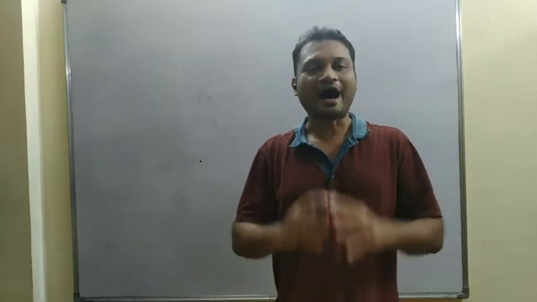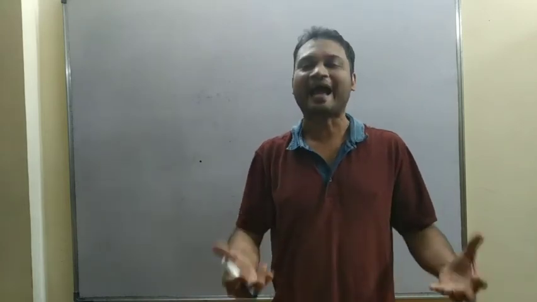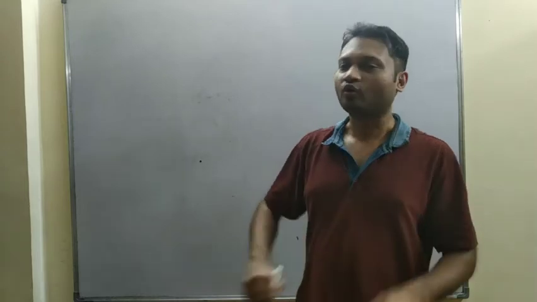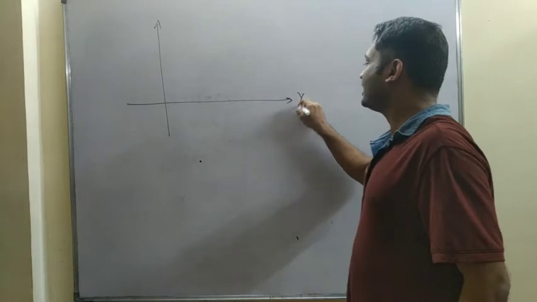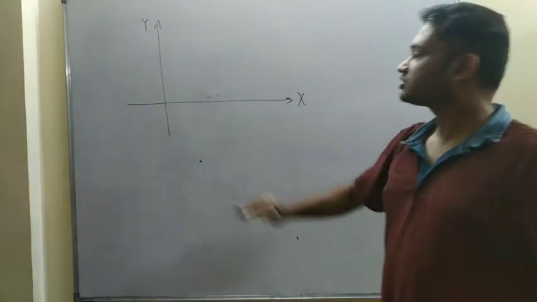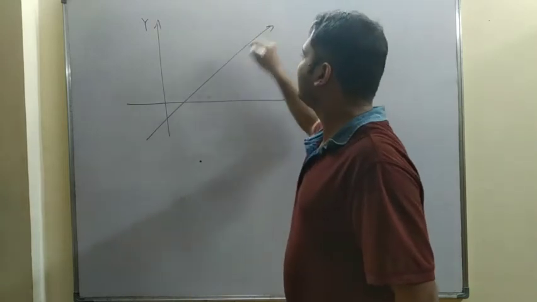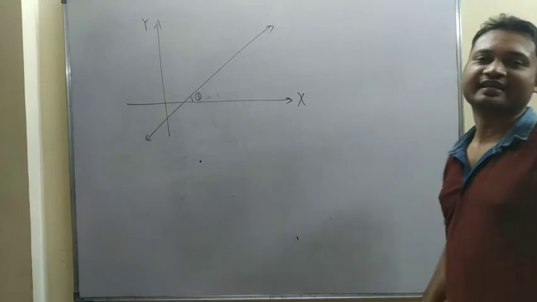Let us now derive another formula for slope in terms of x coordinates and y coordinates. For that, let us first consider the x-axis and y-axis. Now, suppose we have a straight line which is making some angle theta with the positive x-axis.